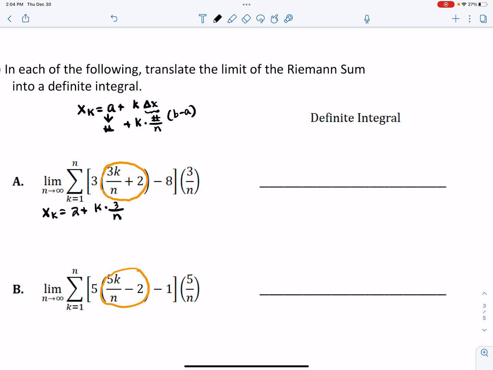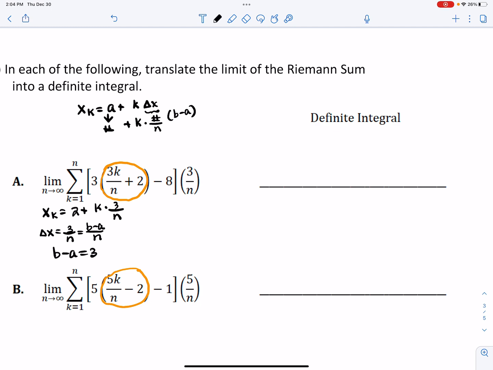It looks like in this problem that delta x is 3 over n, right? I mean, it has to be. But the 3 represents the b minus a. So we could say that b minus a is 3.